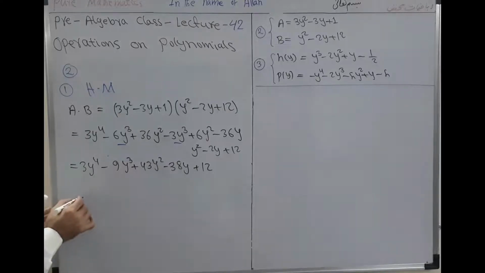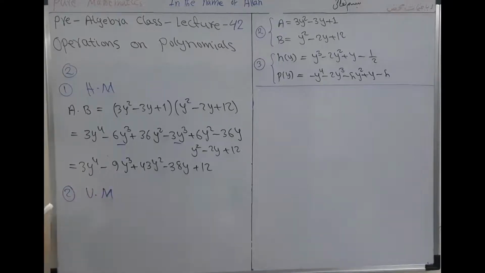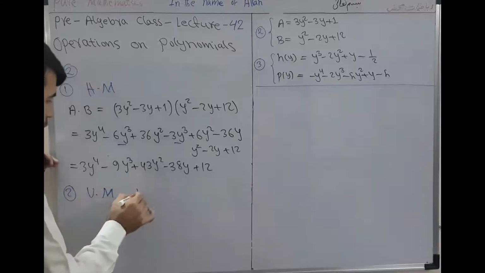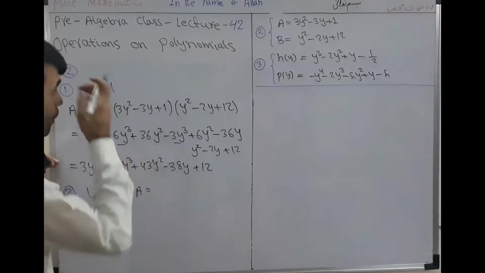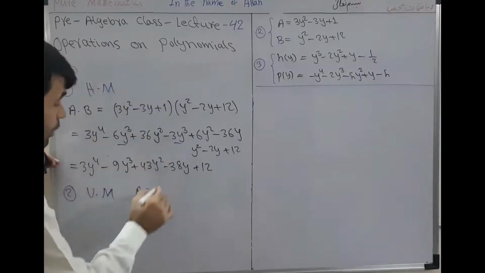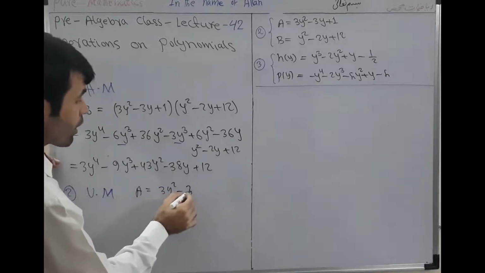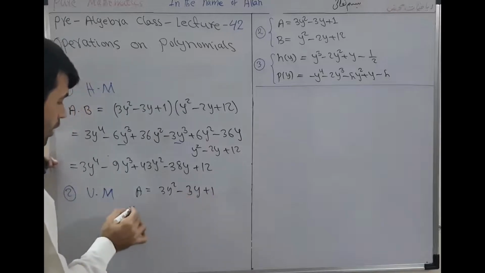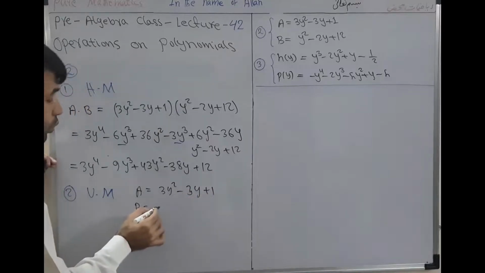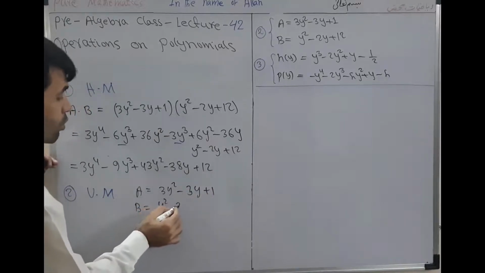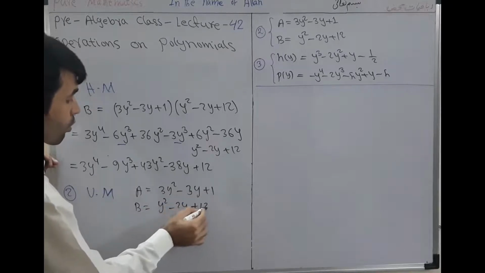Now we want to solve by vertical method. Second one, vertical method. Here first we will write one of the polynomials, a is equal to 3y squared minus 3y plus 1, b is equal to y squared minus 2y plus 12.